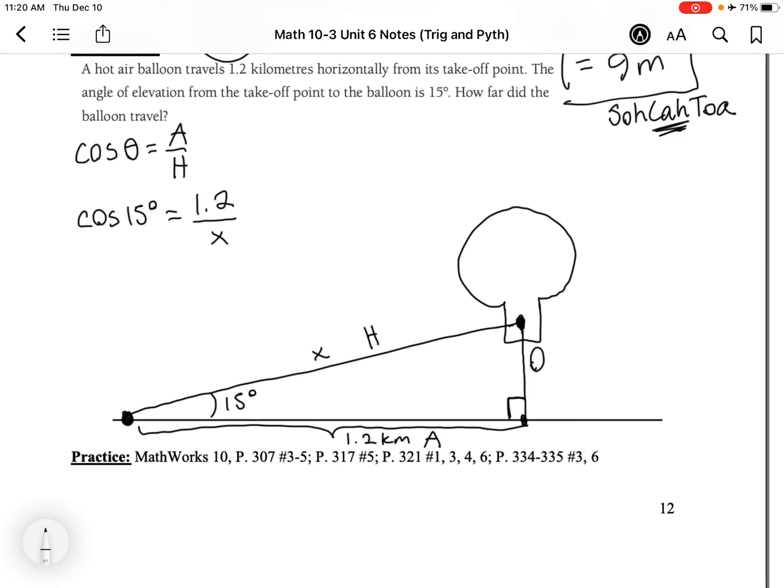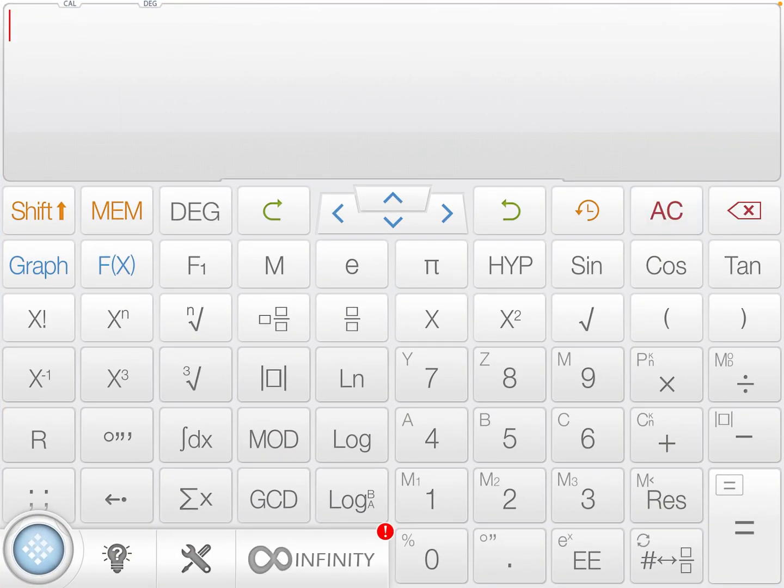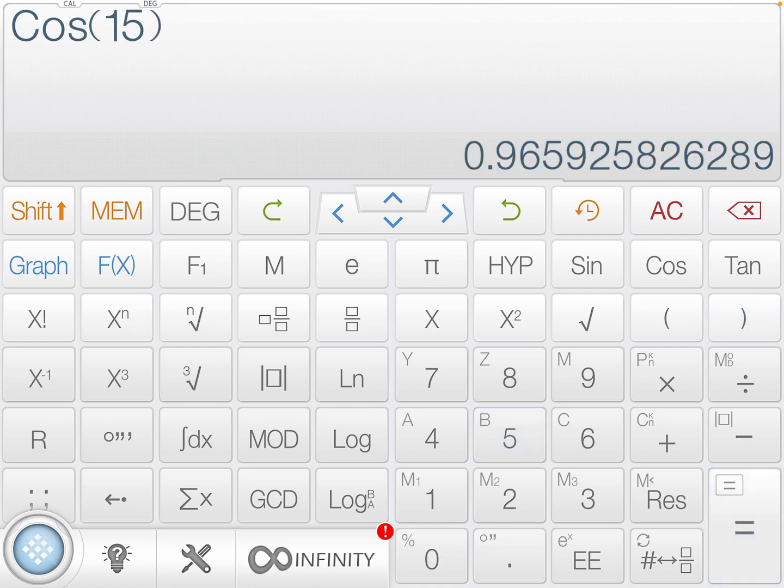Okay, so I've got to now figure out what cosine of 15 degrees is. So I'll take out my calculator again and I'll clear this and I'll put in the cosine of 15 degrees. And that gives me 0.966. That third digit there, because this is a 9, will round up to a 6. So 0.966.